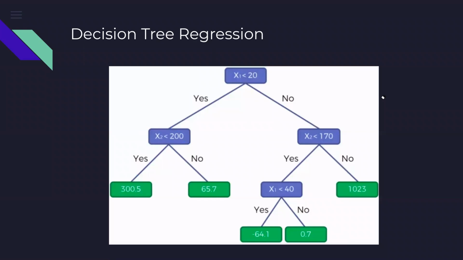The second way is to use a decision tree where we have different criteria for dividing our data, and then starting from the root, we reach the leaf, and whatever is the value of the leaf, that is what the value of the house would be. So that's the second way of finding out the price of the house.